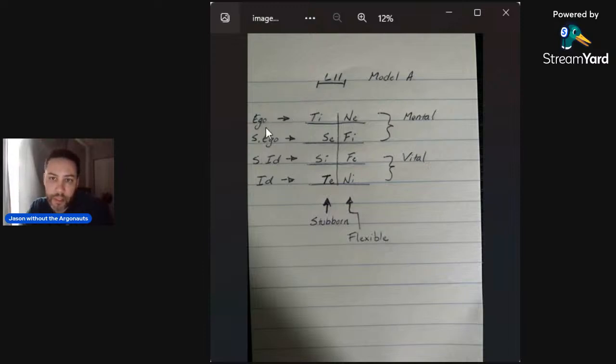TI and NE, as in the ego block, this is what you're really good at and very much aware of. In the super ego, the SE and FI is what you suck at, and you're likely very aware of it. This is the mental area. Oftentimes, you're very much aware of what you're good at and what you suck at, and it's also very noticeable to an outside observer looking at you.